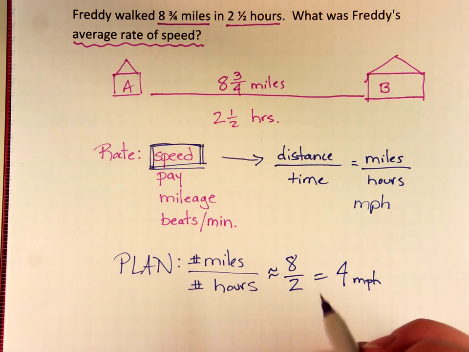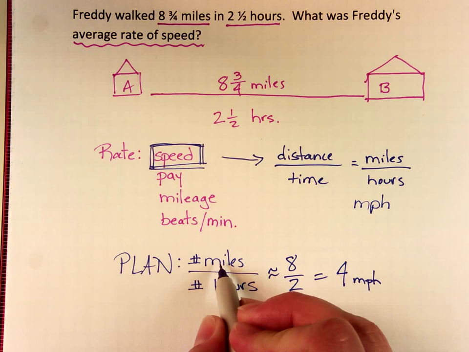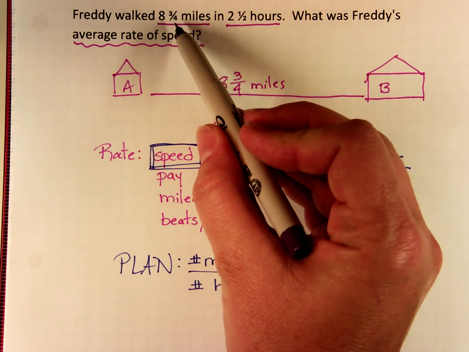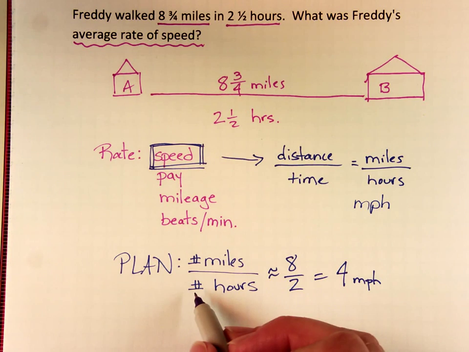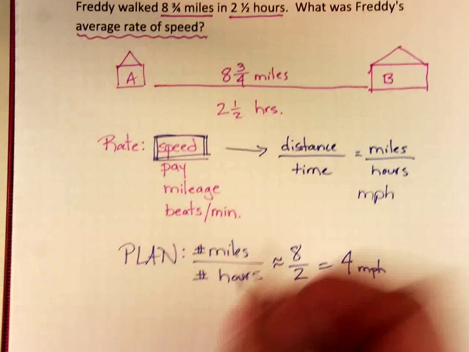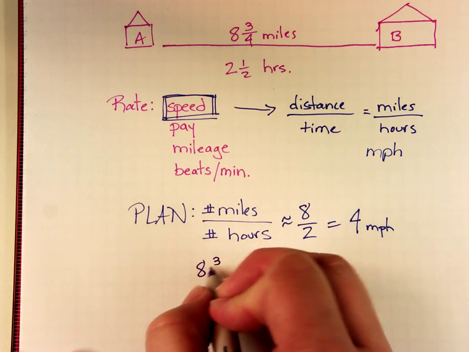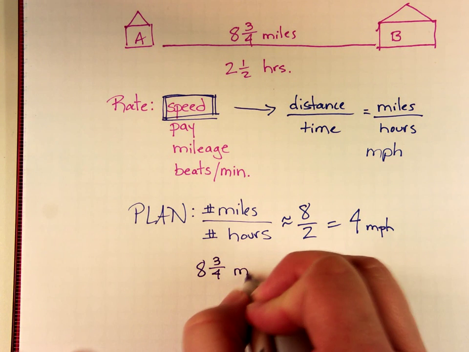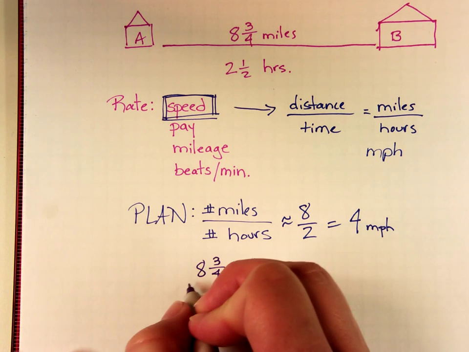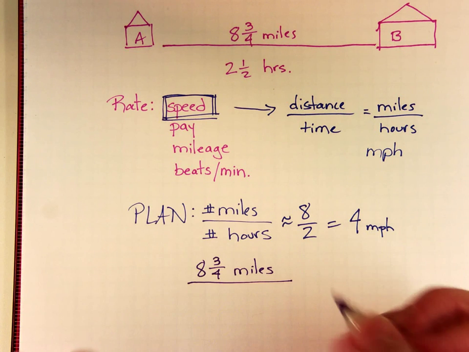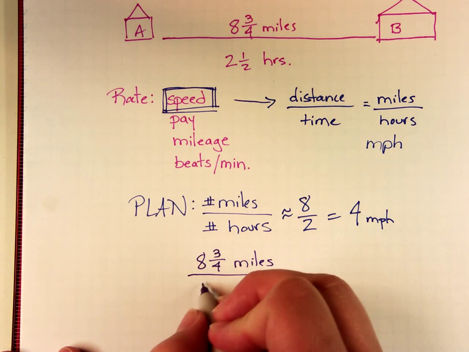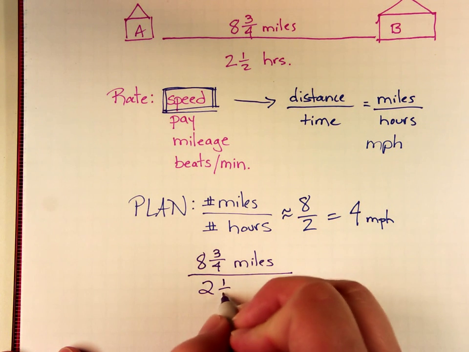Again, the plan tells me to put the number of miles, which will be 8 3/4, and then to put the number of hours, which will be 2 1/2. So let's do that. 8 3/4 miles, that's the distance, and the time that it took was 2 1/2 hours.